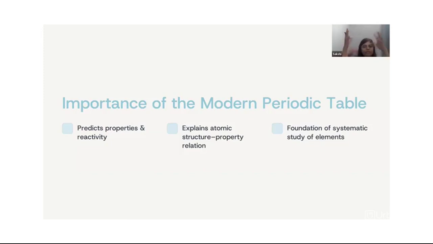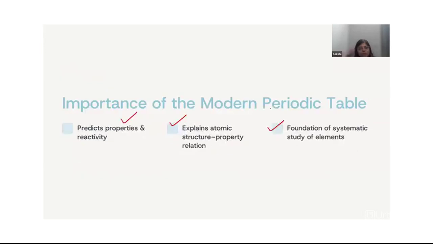But by grouping the elements together, it saves time for us to learn about the properties of elements, right? So it predicts the properties and the reactivity. It explains the atomic structure. Also, it is the foundation of systematic study of elements, right? So this is the importance of the modern periodic table.